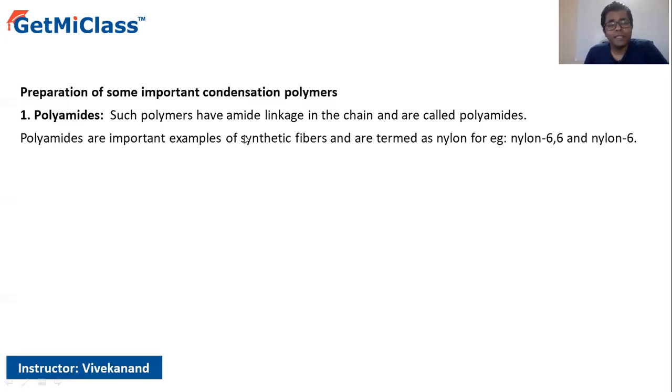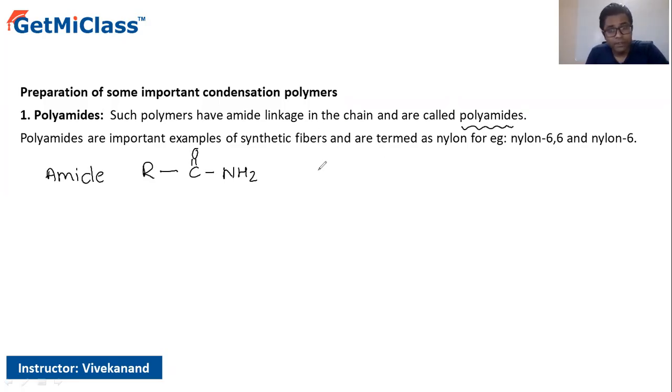So polyamides. Now, first we need to understand what exactly is an amide. An amide is nothing more than a molecule which contains R, C double bond O, NH2. Now, when we are speaking about the polyamides, that means these are the particular polymers which have the linkages of amides.